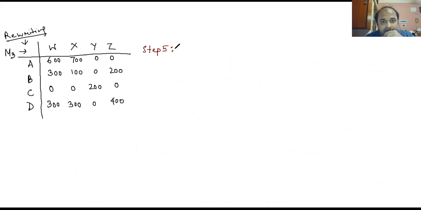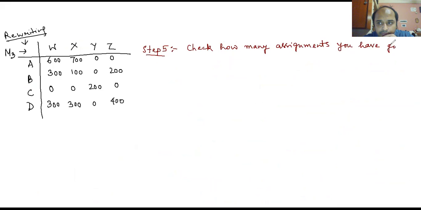So my step number 5 says, check how many assignments you have got in the previous step. Suppose there are small k assignments.